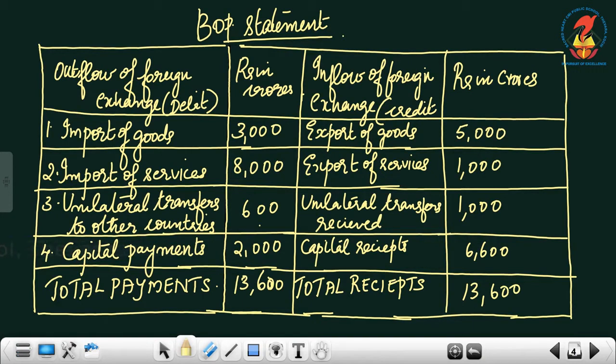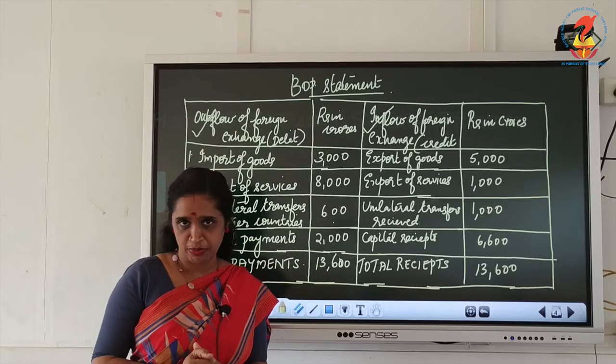On the debit side you can find outflow of foreign exchange, and inflow of foreign exchange is represented in the credit side. Now, to make a balance of payment accounting statement, we need both the current account as well as the capital account. Only with that we can make that statement.